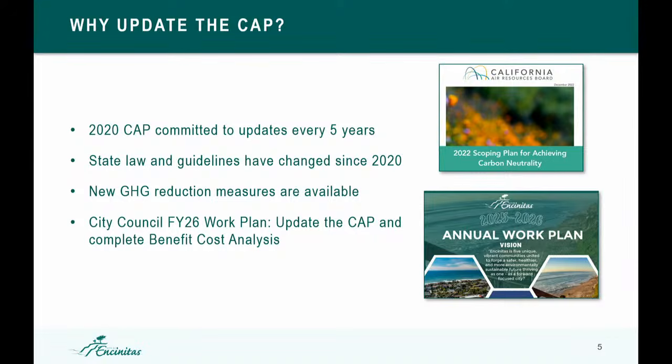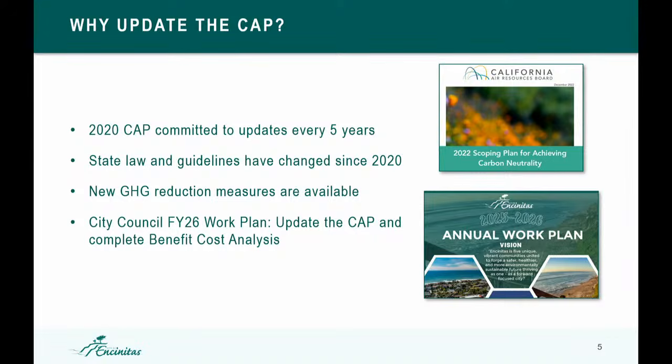The reason is to stay current with state and federal laws and guidelines that have potentially changed since 2020. And there have been a number of changes in those laws and guidelines, and so that's one reason for updating the CAP.